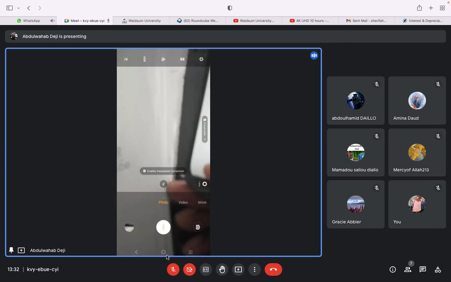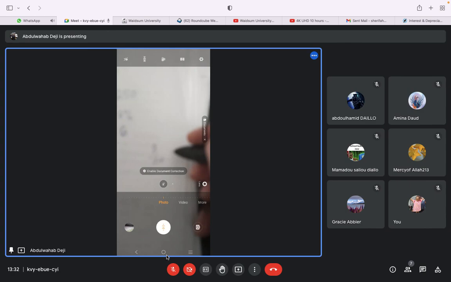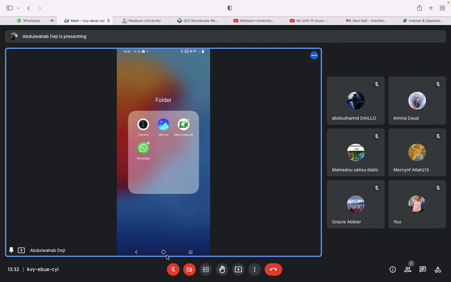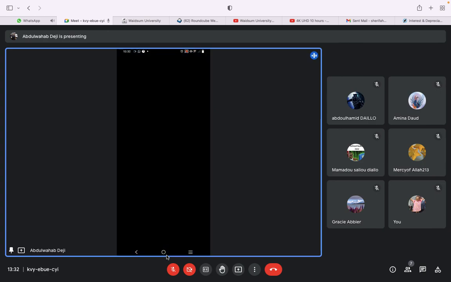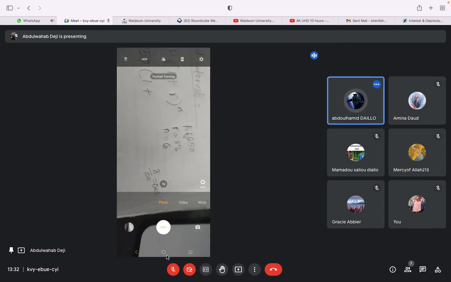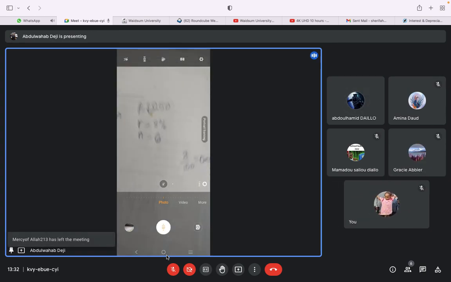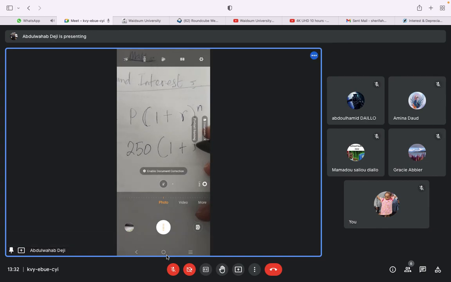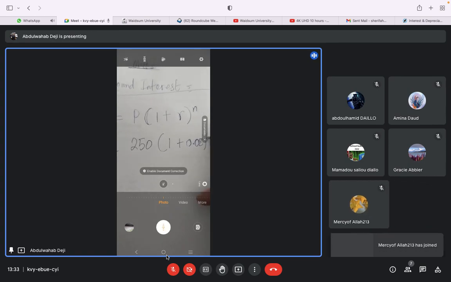But I can easily convert it to decimal. If you change to decimal, it will be 0.08. Am I right? Yes. So let's put the 0.08 here, then raised to power 6, which is the number of years.